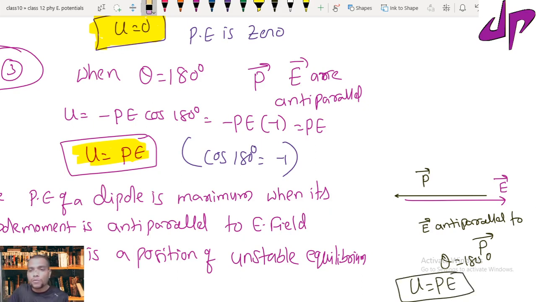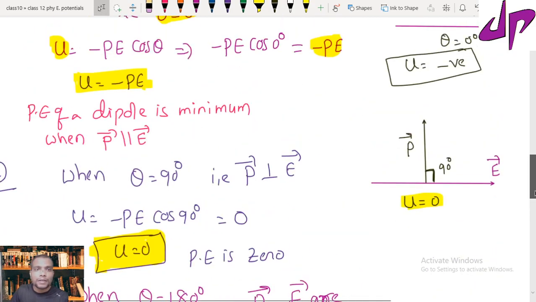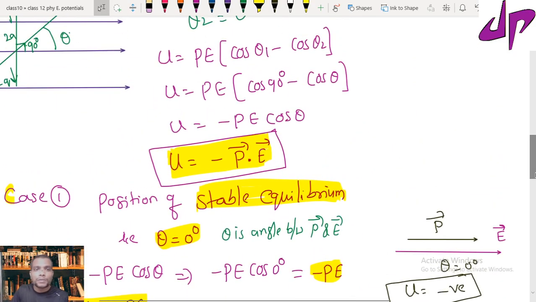So it depends upon the orientation of the dipole in an electric field. So its potential energy depends on that. We will calculate it by deriving a simple relation between potential energy, dipole moment and electric field.